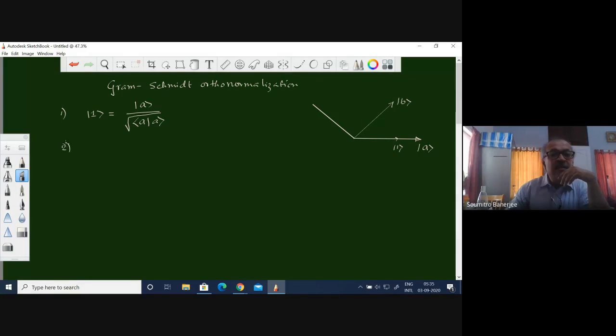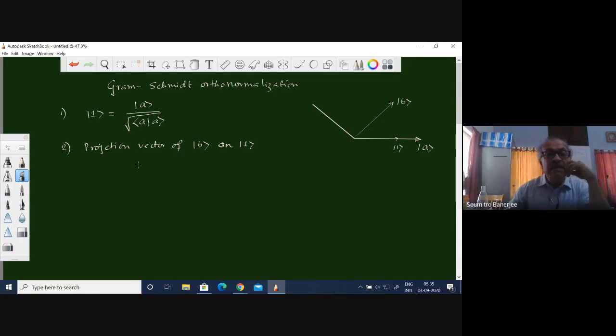The second step is the projection vector of B on e1.